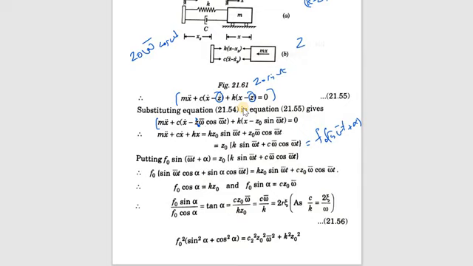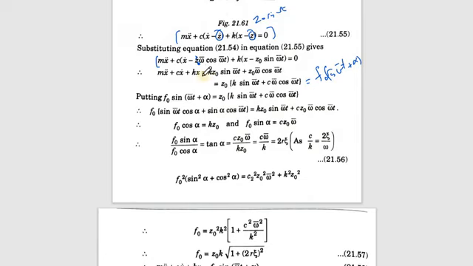So here I can substitute, that will be equal to this term. From that I can find out the constants, that is the coefficients of cos omega dash t and sine omega dash t. So instead of f0 sine (omega t plus alpha), that is equal to z0 into k sine omega dash t plus c cos omega dash t.